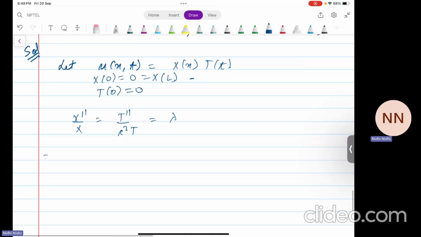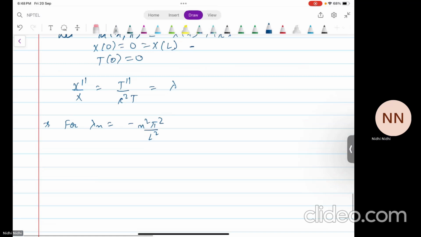From here you must have got that for lambda n equals minus n square pi square by L square, the function Xn is non-zero and X is given by some constant cn times sine(n pi x by L).